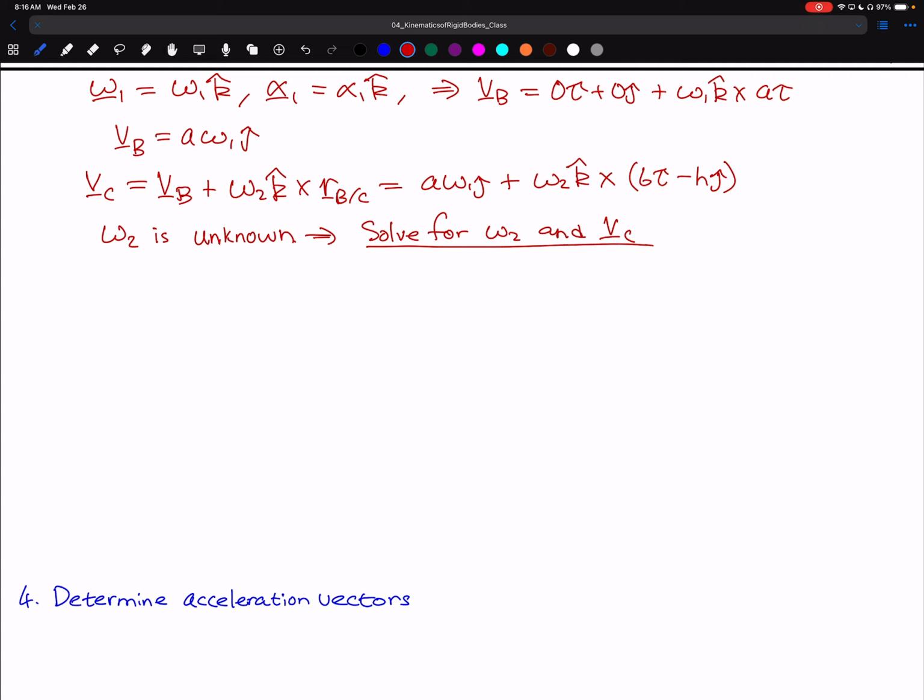The way we're going to do that is that we know the velocity at point B. We're going to express the velocity at point B, well, we did it already with respect to point A. We're going to express the velocity at B with respect to point C as well. So we can say that VB is equal to VC plus omega 2 k hat crossed with R B slash C.